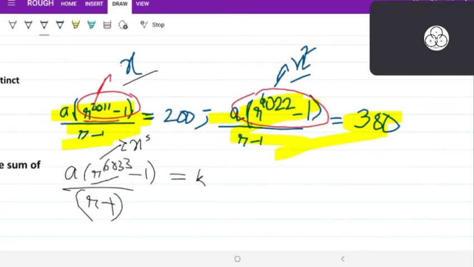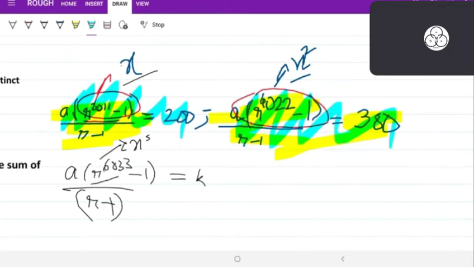Divide this equation by this equation and find the value of x. I am not going to solve it. Put this x in this equation and again divide them.